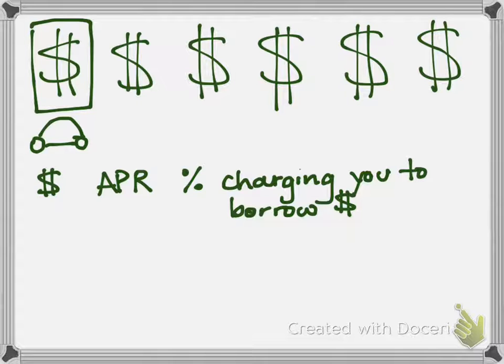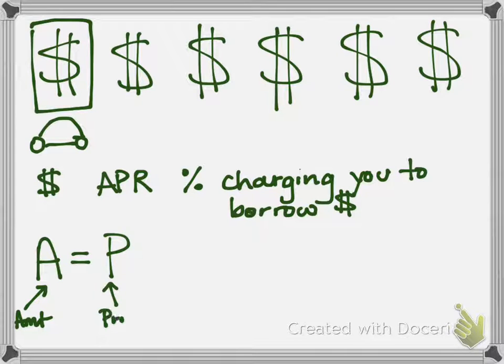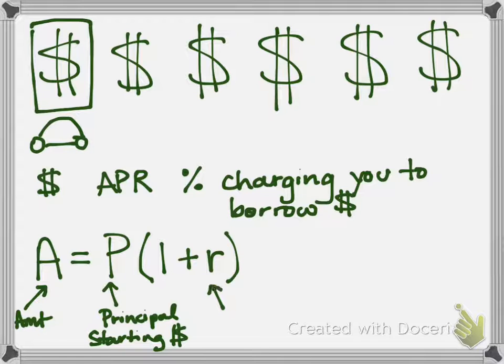If we simplify it down, the amount that you owe equals your principal, P, or starting price, times 1 plus your rate, raised to the power of the number of years.